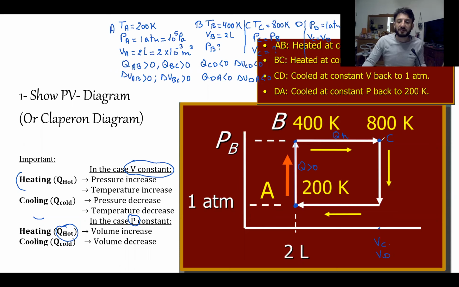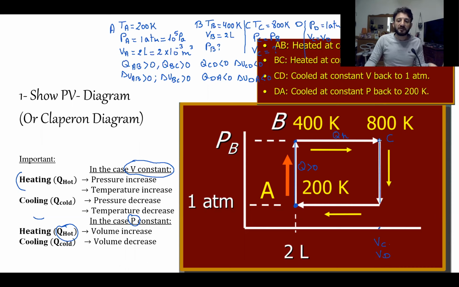Now we go from the point C to the point D at a constant volume. It's an isochoric process. We can go down or up at a constant volume. To know exactly the direction, we have Q cold. In the case of Q cold, P decreases. So we must go down.